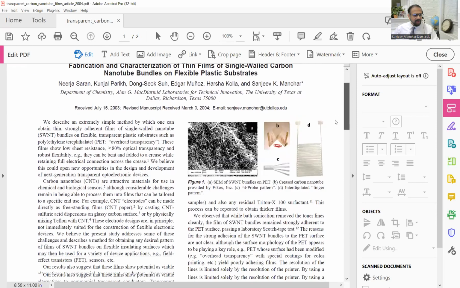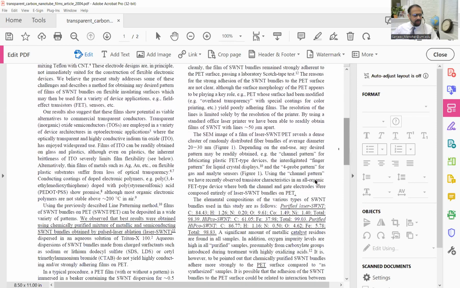You keep going down. We observed here the best results were obtained using chemically purified mixture of metallic and semiconducting single-wall nanotube bundles obtained by pulsed vapor ablation. So the laser SWNT was used. That's the one that actually worked. That's the answer to that question.